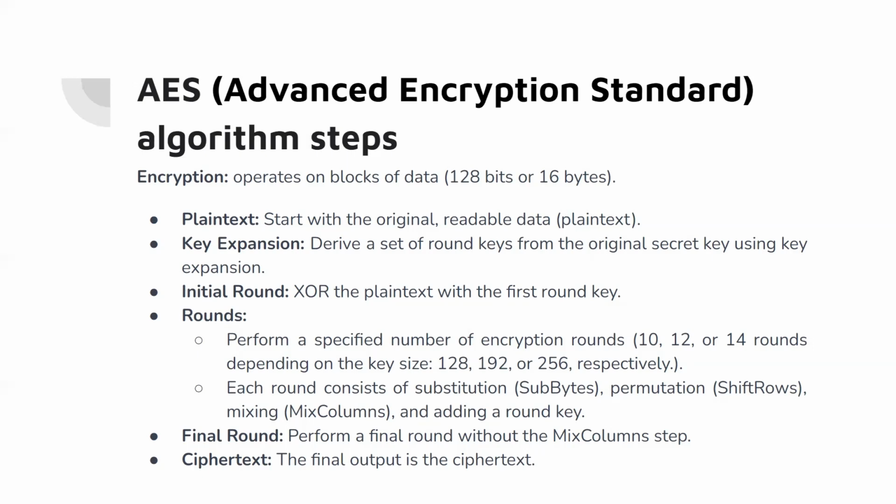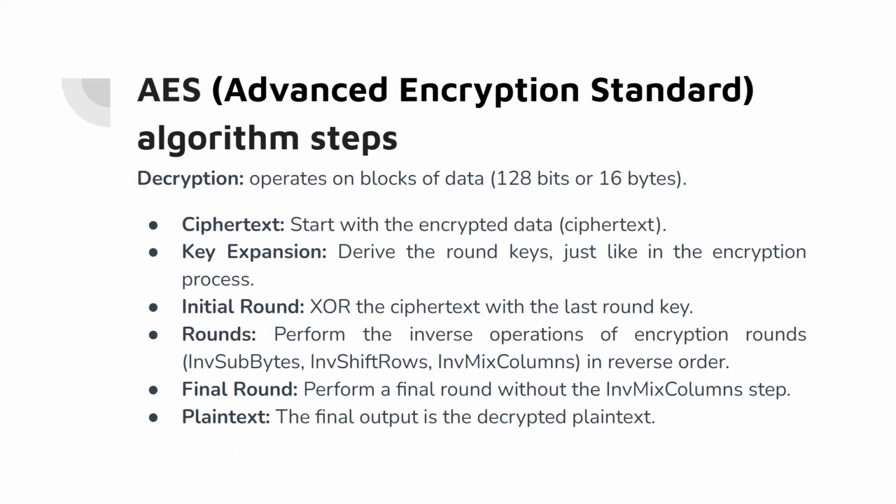dependent on this key. AES decryption starts with the ciphertext, and based on the same key, it performs the key expansion as usual to get the round keys and the subsets of the original secret key.